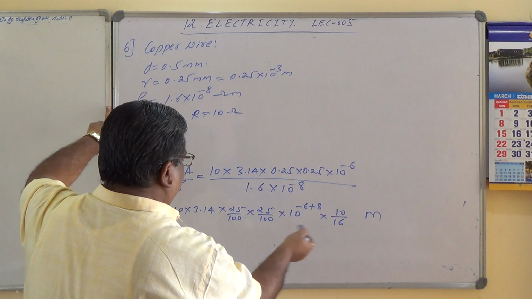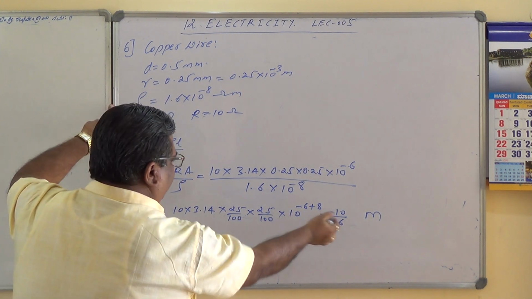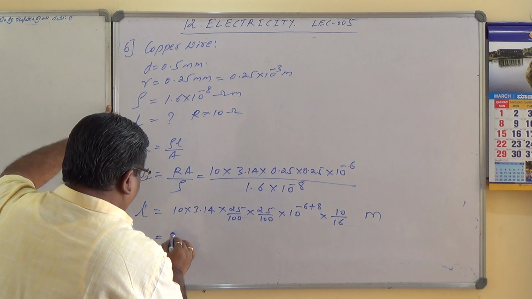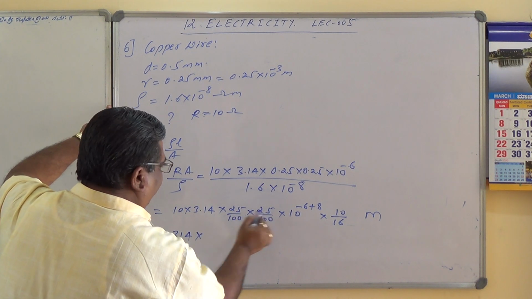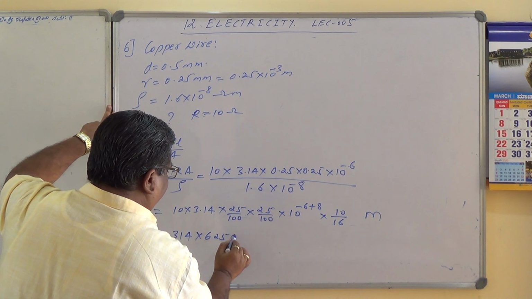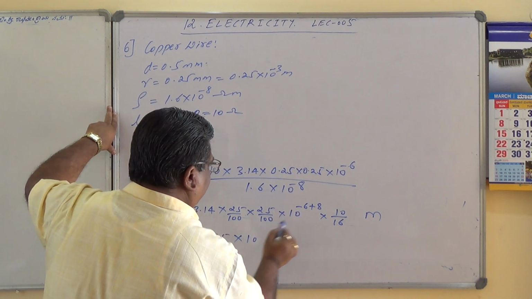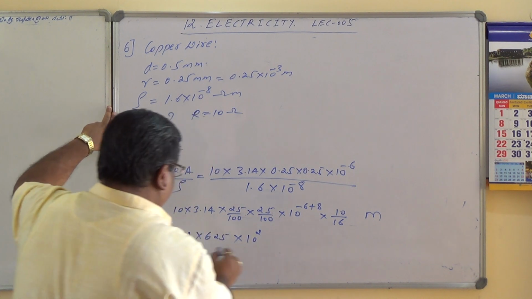Okay, fine. What I should get is meter basically, which equals 10 into 10, 100, 100 into 3.14 is 314. 314 into 25 into 25, 625, into 10 to the power plus 2, correct?